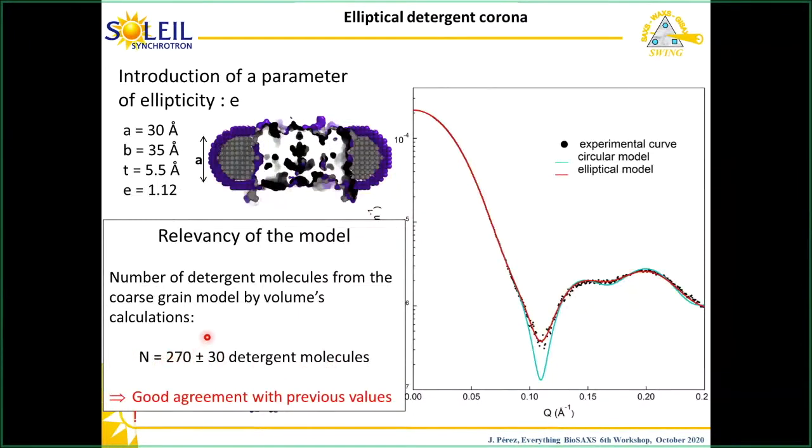And we are, again, very close to what we got with the previous completely independent methods of determining the number of detergent molecules. So this was published 8 years ago.